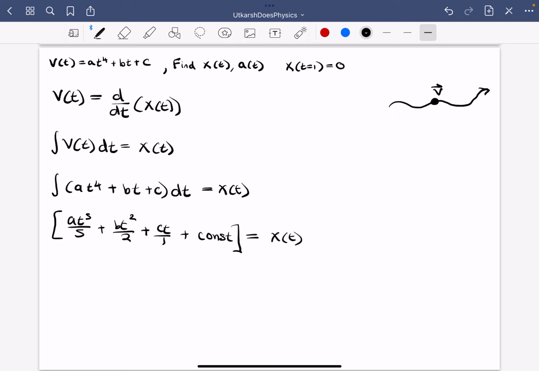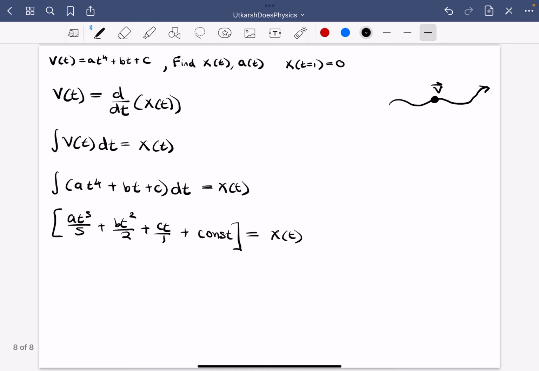Now, notice that in the question we are also given this initial condition, and we're going to use this initial condition to find what the value of our constant is. So we know that the value of x at t equals 1 is 0. So when t equals 1, we have a times 1 to the 5 over 5 plus b times 1 squared over 2 plus c times 1 over 1 plus constant.